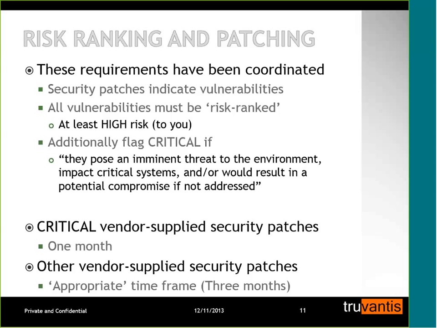Anything else that comes from the vendor as a security patch, you need to get deployed in an appropriate time frame. And they suggest 3 months, but that's up to you. But the whole 1 month, 3 month cycle is something that we're very familiar with from 2.0. But they're making it much more focused on the idea of this determination of risk to your environment.